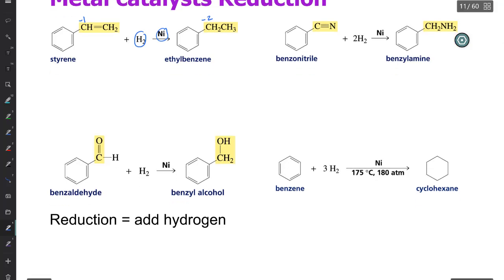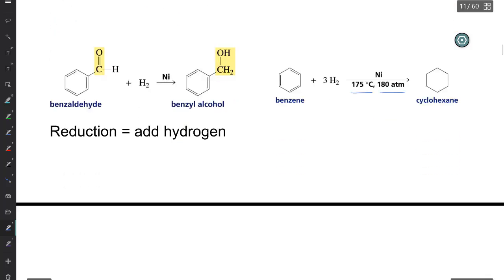As an important side note, benzene is so stable that it takes a high temperature and a high pressure, 180 atmospheres of hydrogen, in order to start the reduction of benzene. So you can do the reductions of these side chains with hydrogen and nickel at room temperature, at near atmospheric pressures, and still get efficient reduction of the side chains.